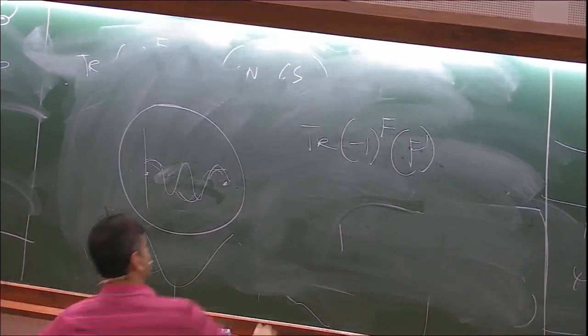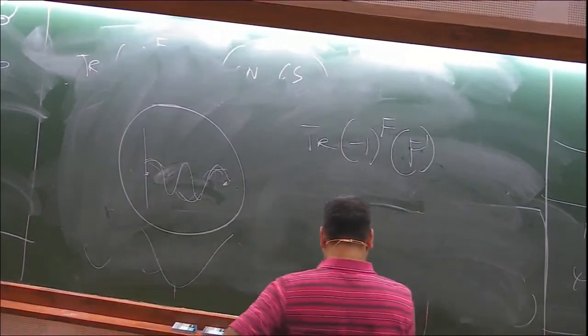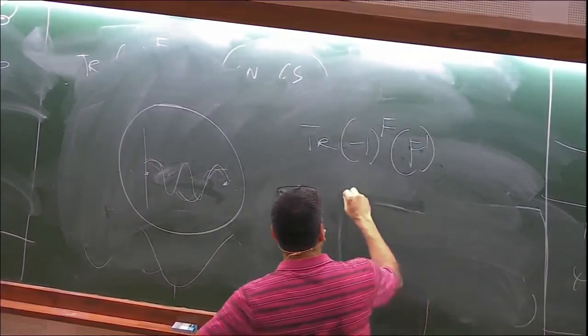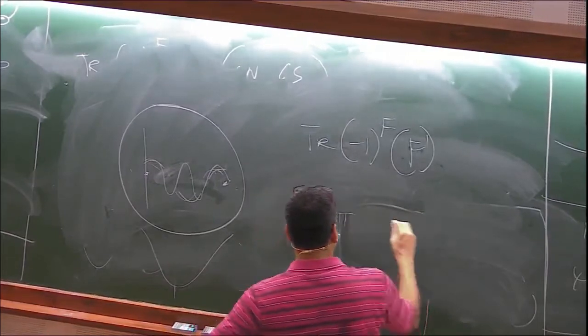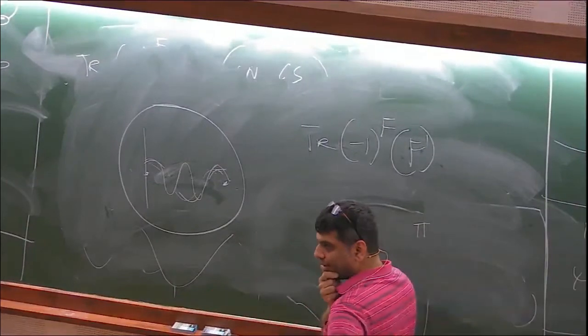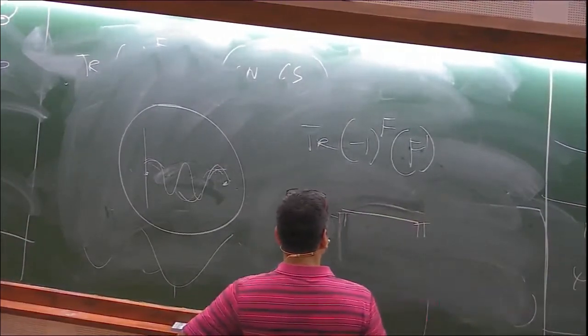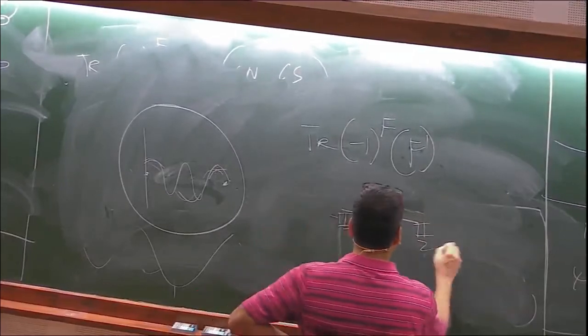Okay, let's take an example. Let's take antiperiodic. Suppose our space was minus pi to pi, and let's say minus pi by 2 to pi by 2.